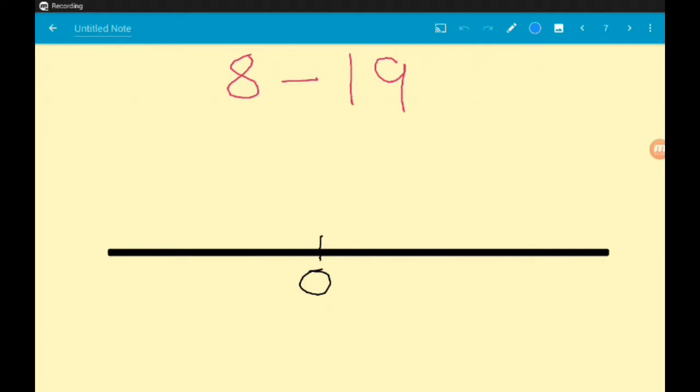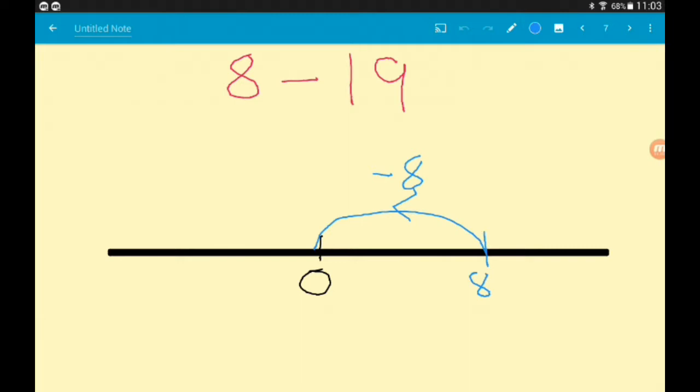Next up, we've got 8 minus 19, so slightly more horrible numbers. Again though, the first number, 8, is our starting point. So let's put 8 over there somewhere. Now we want to subtract 19. So, use 0 as our checkpoint. So, how do we get from 8 to 0? We subtract 8. Now, altogether, we want to subtract 19.